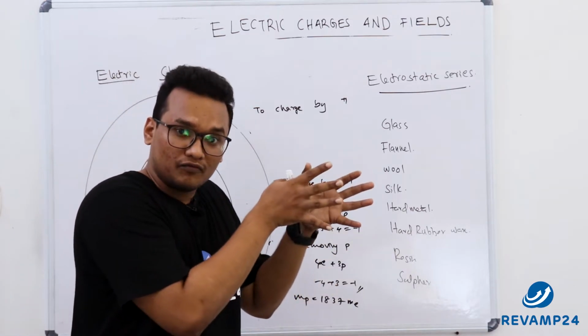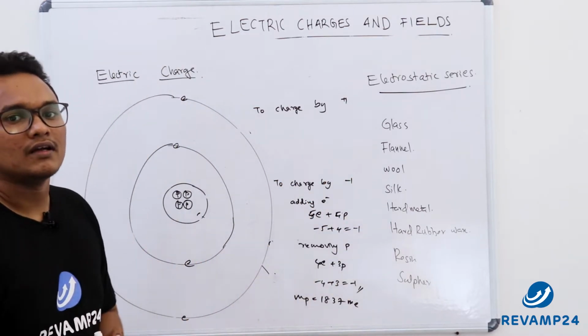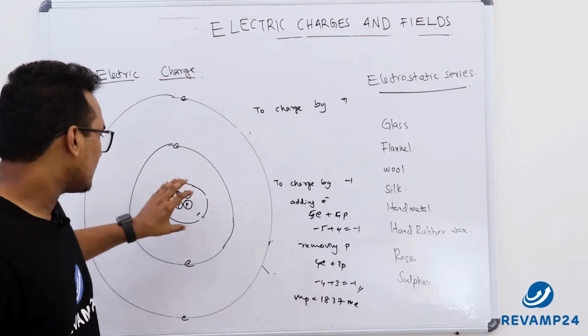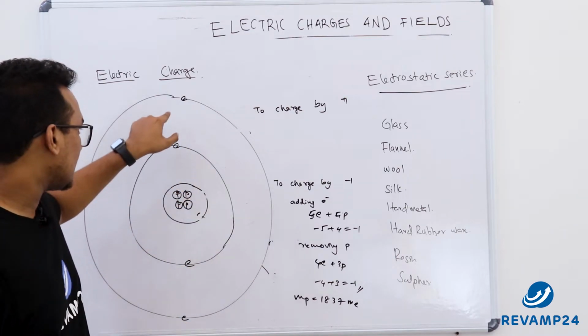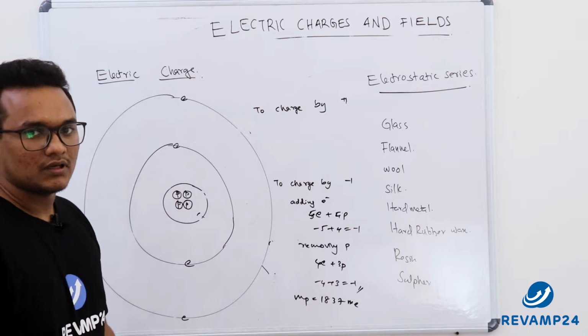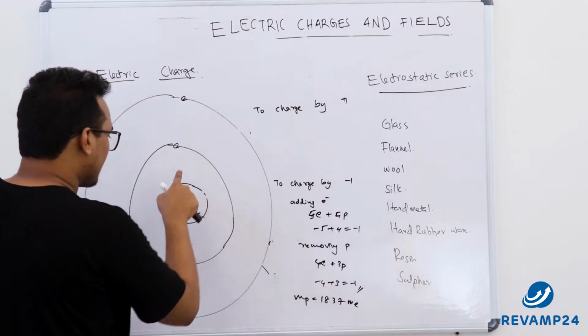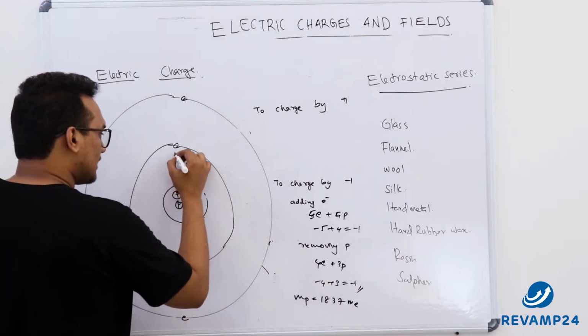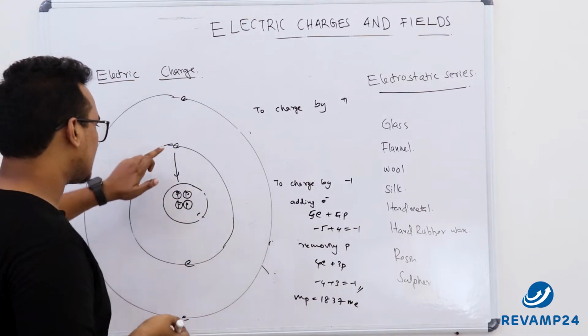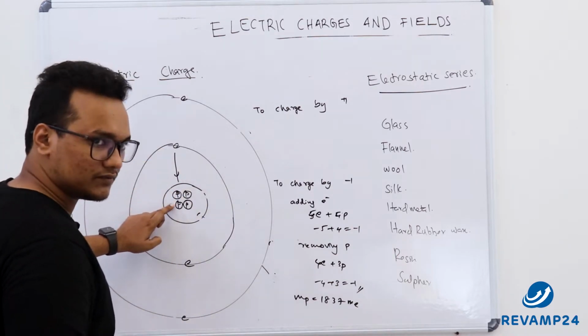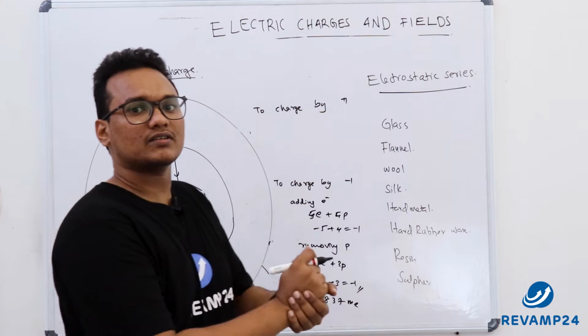But the very important reason is not the comparison of mass, it is the comparison of electrostatic force and nuclear force. Now, these electrons are attracted by protons with electrostatic force. That is, negative charge is attracted by positive charge, and these are called electrostatic forces.